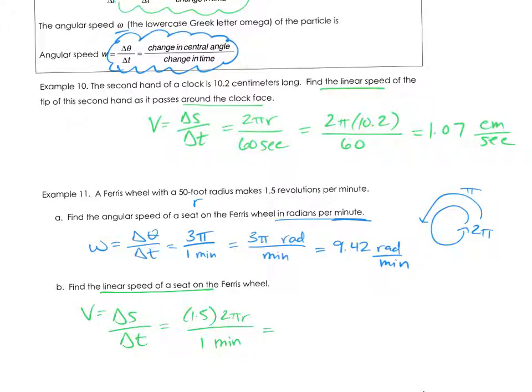And so we're going to plug in 1.5 times 2 pi, and then r, our radius, is 50, and then over 1 minute. And so when I plug that into my calculator, I get 471.24 feet per minute.